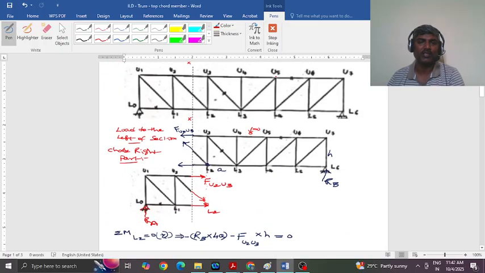For both the cases, finally it has come to the bending moment about this point. The force in this member is following the bending moment about this point. For one unit load moving on this span from U1 to U7, you can draw the ILD for bending moment at a section, that is at a point, now L2.